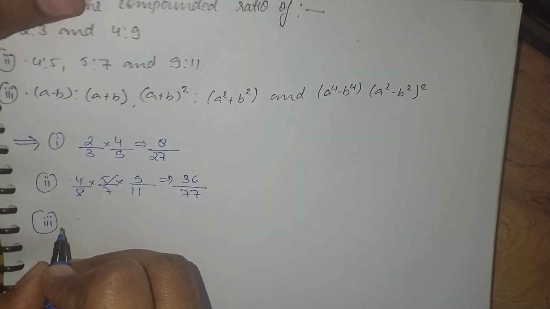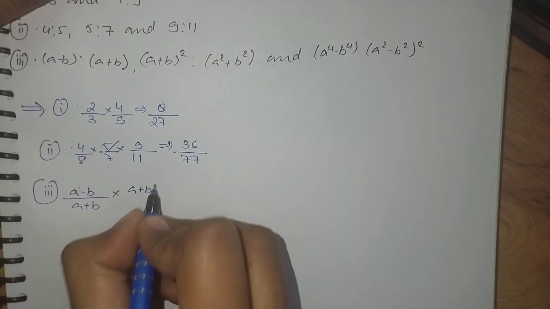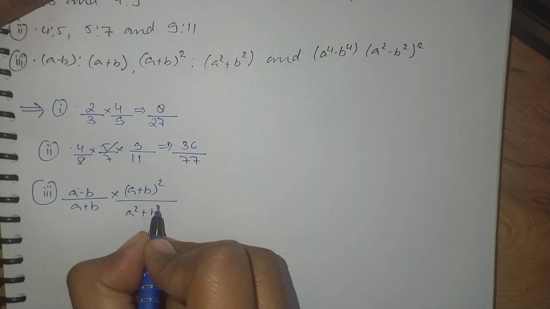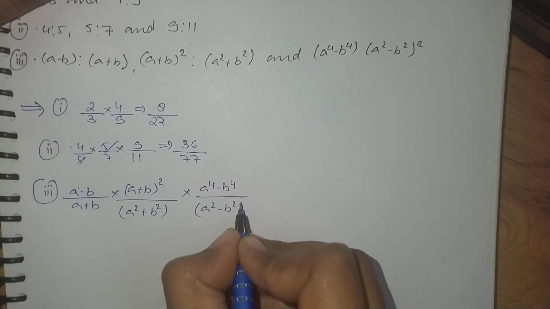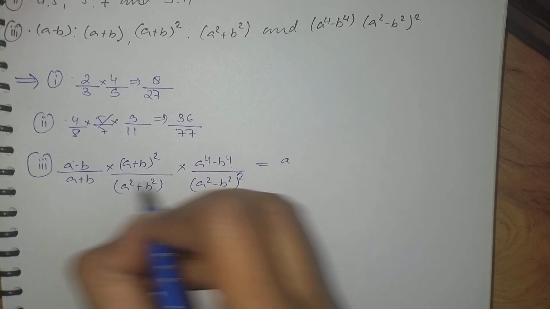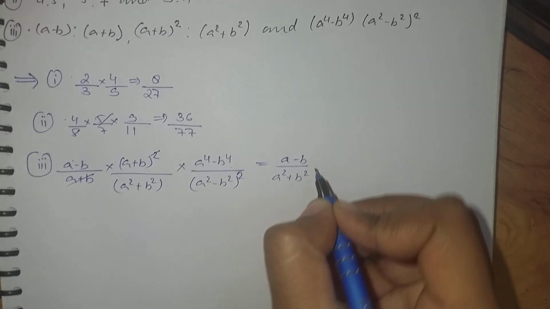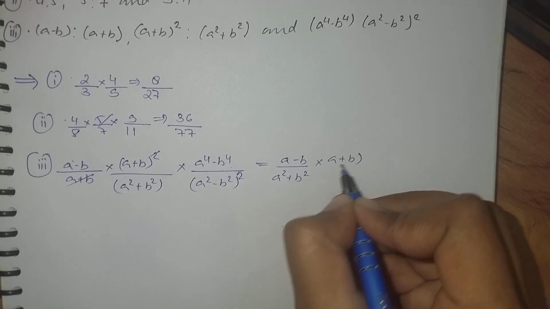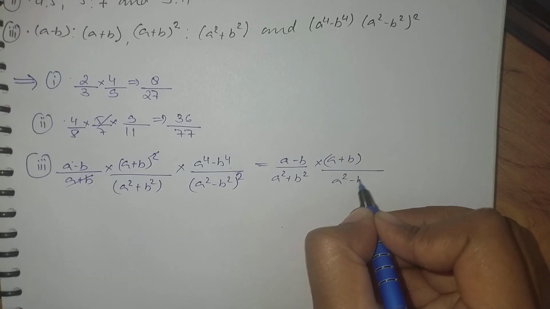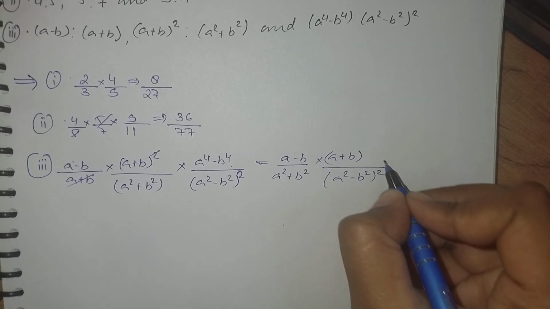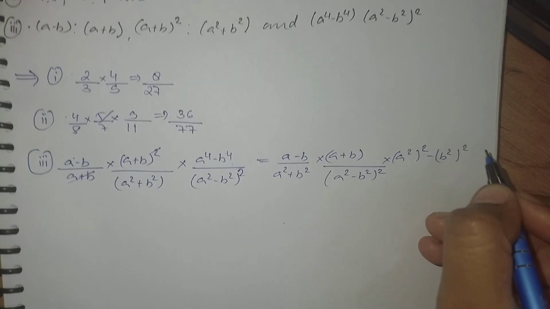Third part, if we solve, that is (a minus b) upon (a plus b) into (a plus b) whole square, divided by (a square plus b square) into (a to the power 4 minus b to the power 4), divided by (a square minus b square) whole square. That will become a minus b upon a square plus b square into a plus b, upon (a square minus b square) whole square into a square; we can write a to the power 4 as (a square) to the power 2 minus (b square) to the power 2.